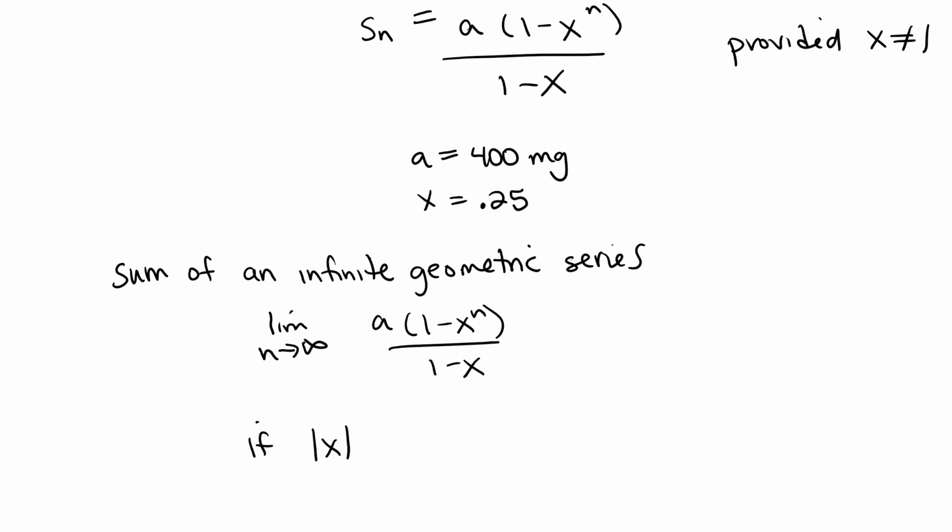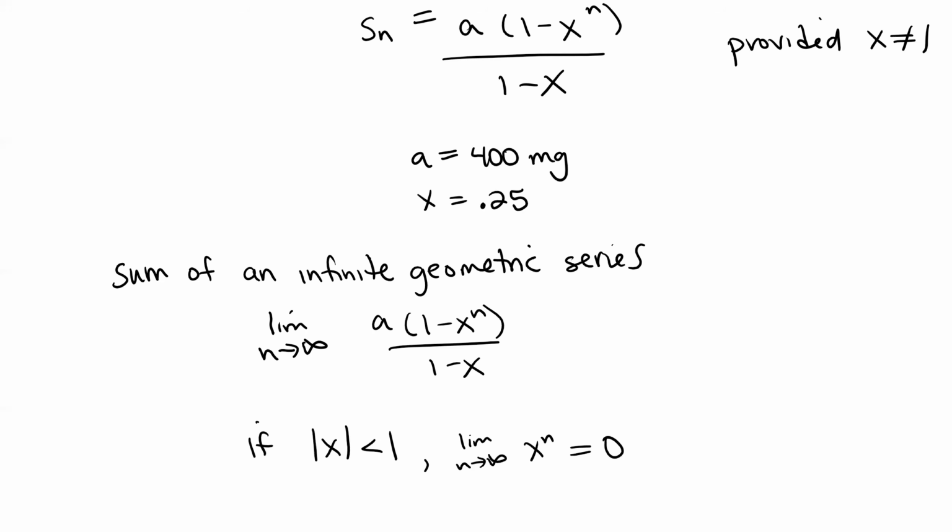If x is between -1 and 1, or in other words, if the absolute value of x is less than 1, then that means that the limit as n goes to infinity of x to the n is going to be equal to 0. So if we take a number like a quarter and then raise it to the nth power and send n to infinity, then x to the n is going to decrease down to 0.